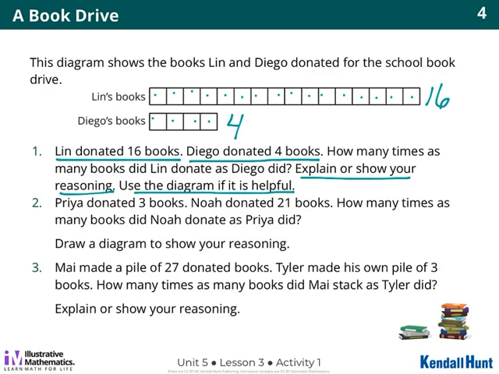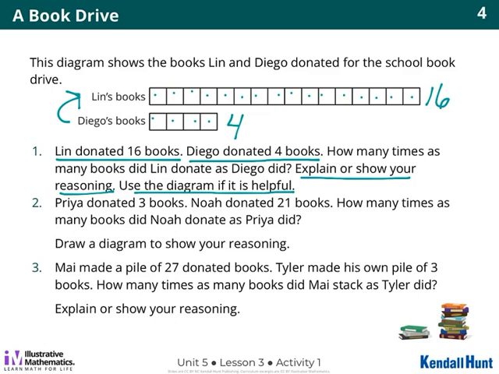So just like when we went over your exit slip, we're looking for that relationship. How is the number of books that Diego donated related or connected to Lynn's books? What do you guys think? Aaron? Lynn has 4 times as many books as Diego.